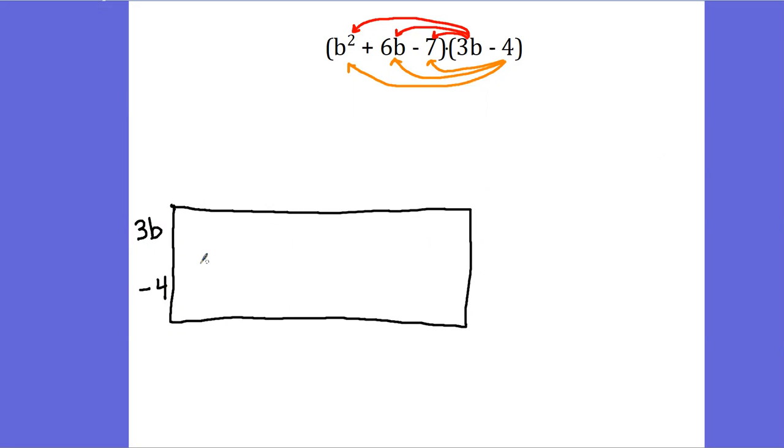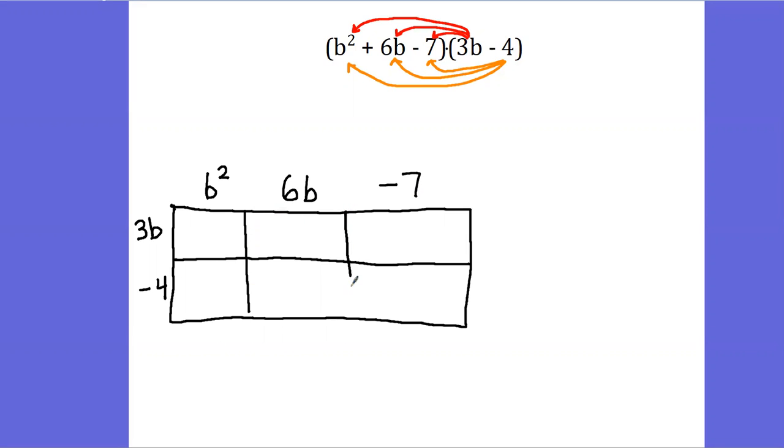So that's that binomial right there. And along the top here, I'm going to put this trinomial. This is b squared, positive 6b, negative 7. And the really nice thing about doing it this way is that it's going to force you to make sure that you do each of these multiplications.